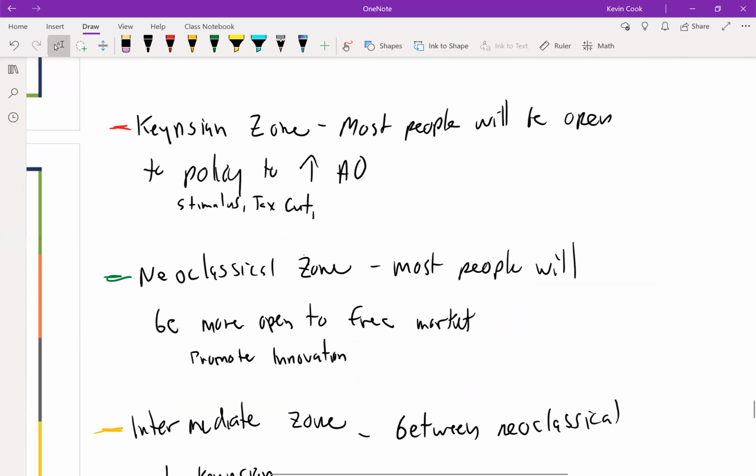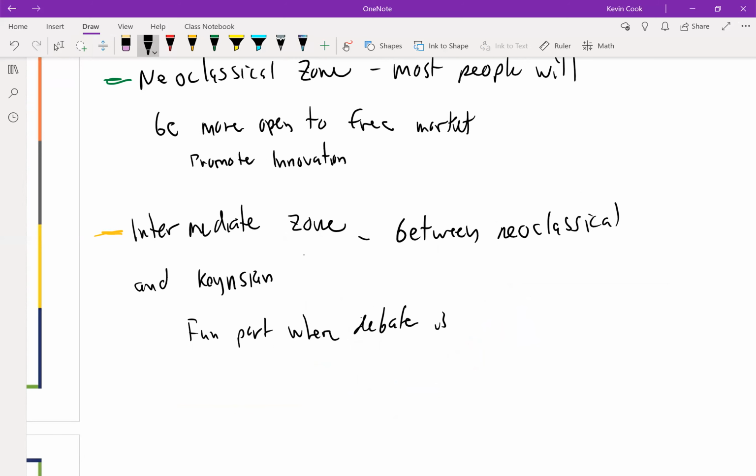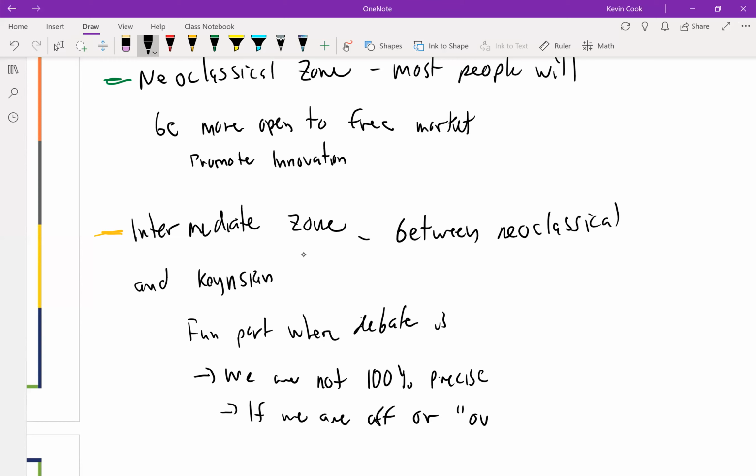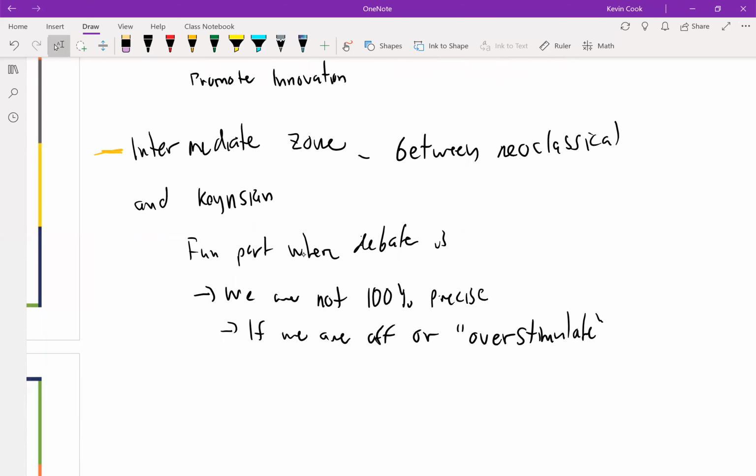So when we're in this intermediate zone, it's where the debate is. But part of the reason the debate is there is because we are not 100% precise. And if we are off, or if we overstimulate the economy, we may run into an issue.